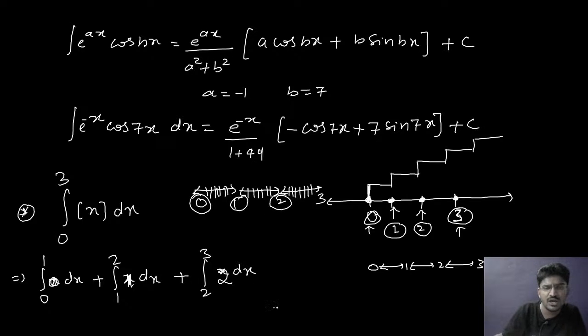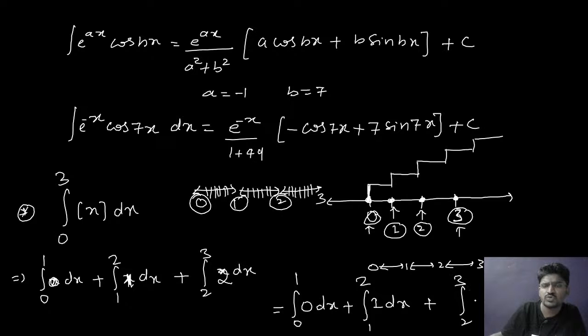So the integration from 0 to 1, you have to integrate 0 with respect to dx, plus integration from 1 to 2, you have to integrate 1 with respect to dx.